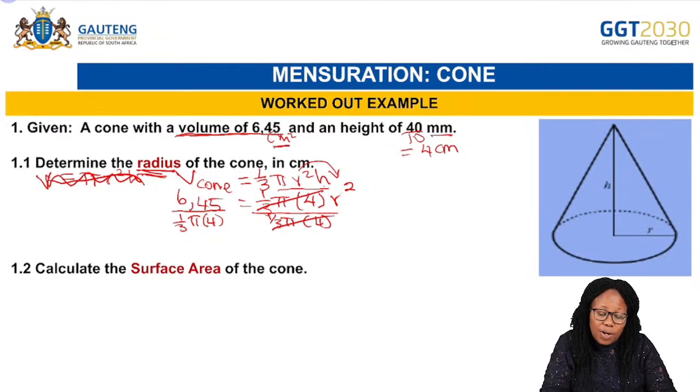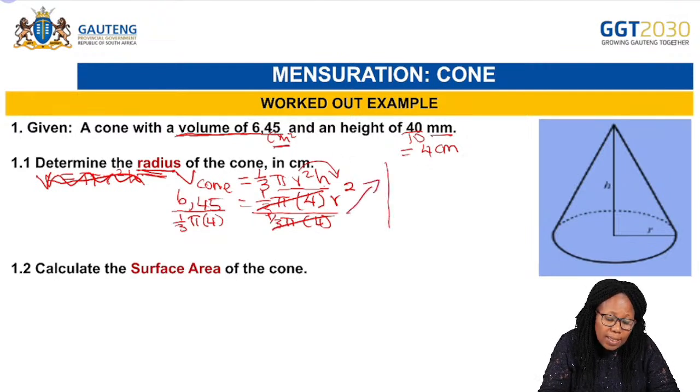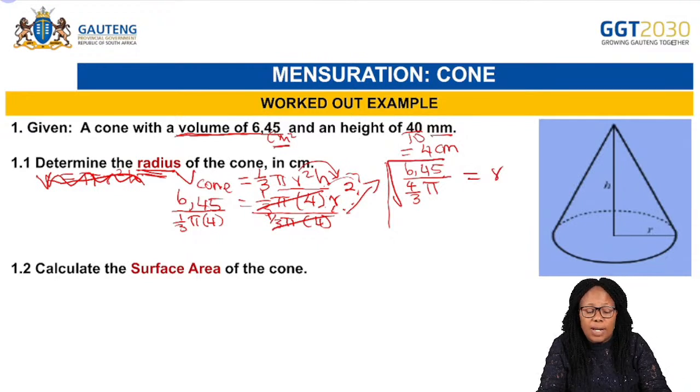And remember, grade 12, in order to find the r now, let's continue this side. And then this will be the 6 comma 4 5 over 4 times 1/3, which will be 4 over 3 pi. And then if this side loses an exponent 2 there, this will gain it as the square root this side. So we will be left with only r on the right hand side.